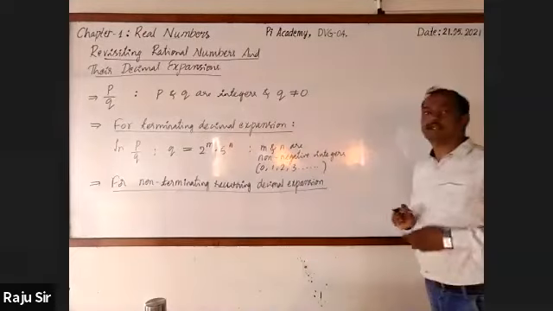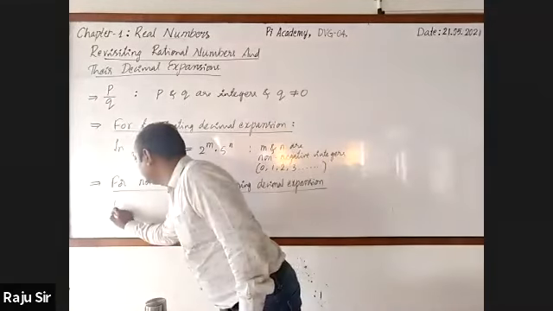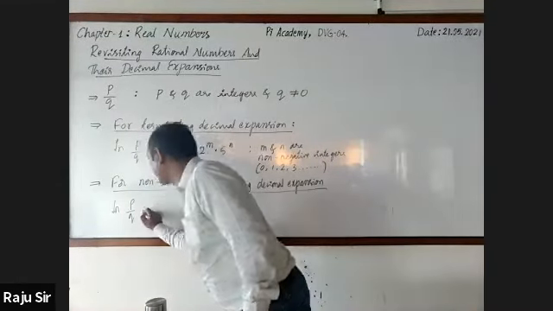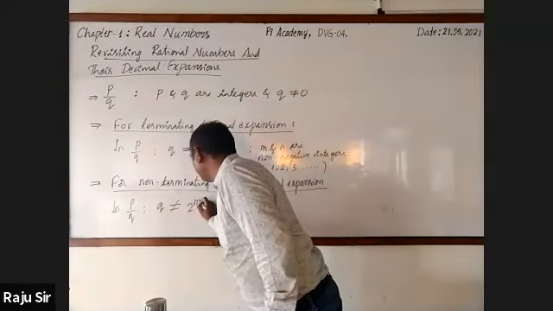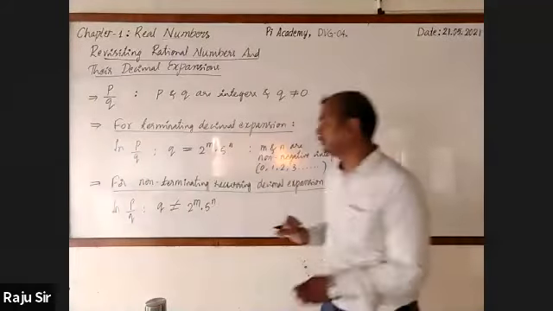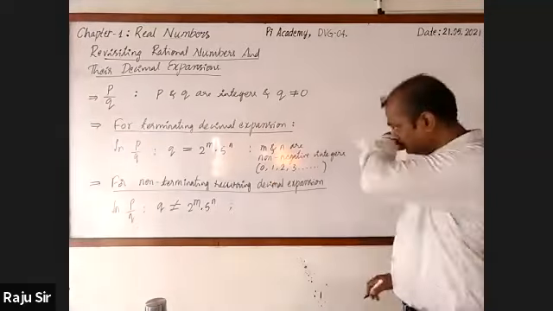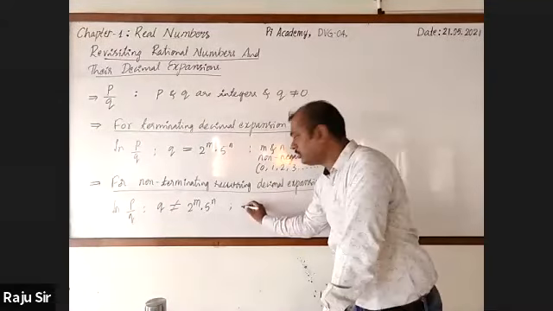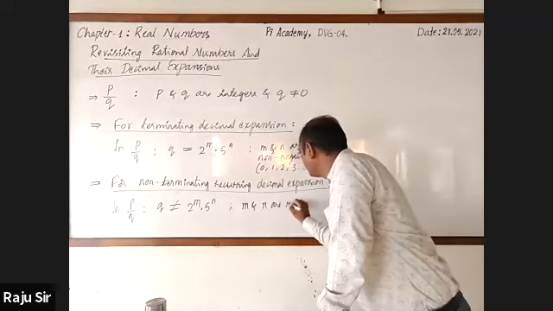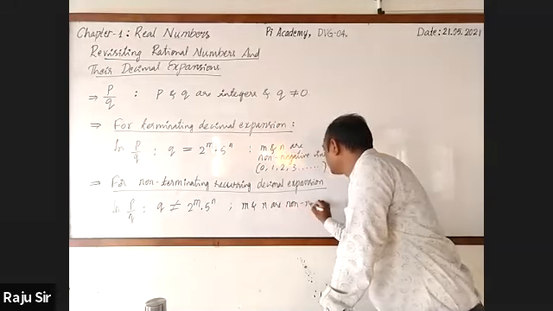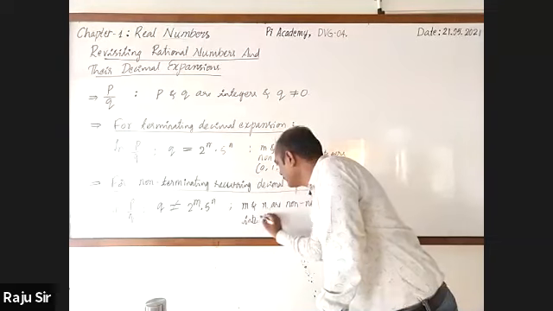In p by q, q will not be in the form 2 raised to the power m into 5 raised to the power n, where m and n are non-negative integers.